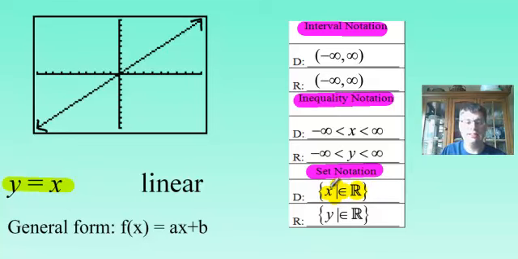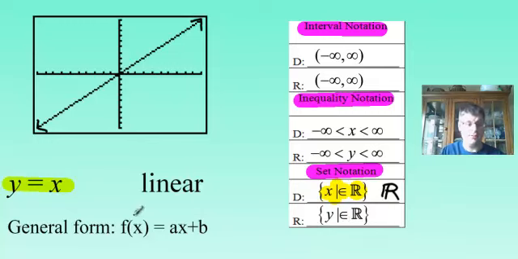So x is such that it is an element of all real numbers. The way you can write that R by hand is to do a double bar in the back, which is an easy way of writing all real numbers. So y for our range is also a set of all real numbers.